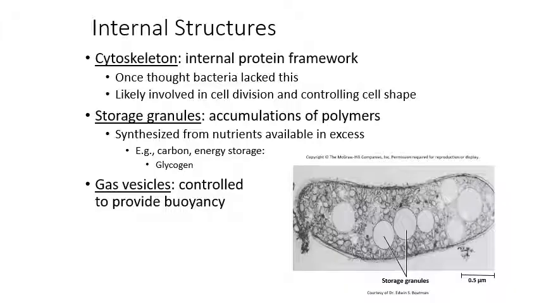We can also have storage granules, basically little bubbles on the inside of cells that are good for storage, usually nutrient storage. Some bacterial cells also have gas vesicles, where they store gas to control their buoyancy, to control how high or low they sit in the water column.